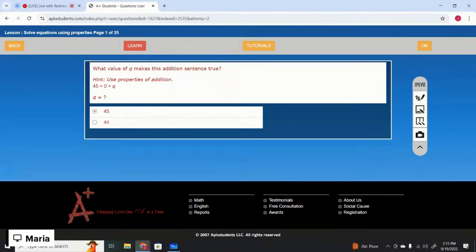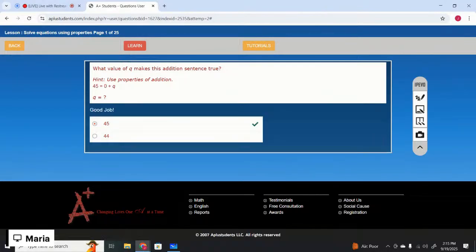That is 45. 45 is equal to 0 plus 45. So Q equals 45. Option number 1 is the correct option.